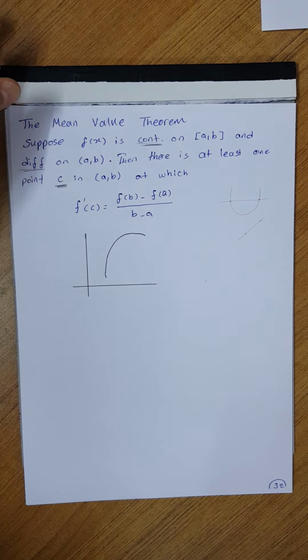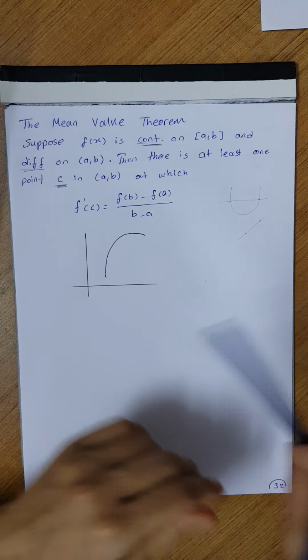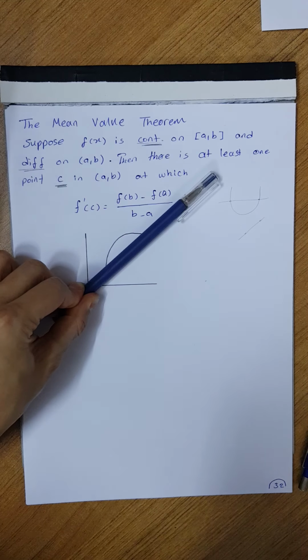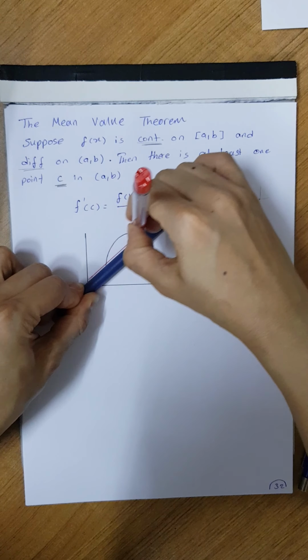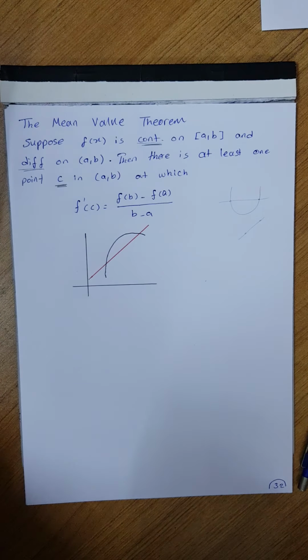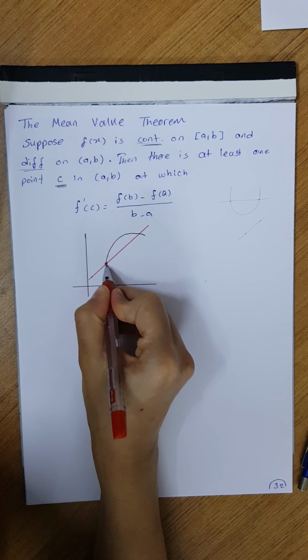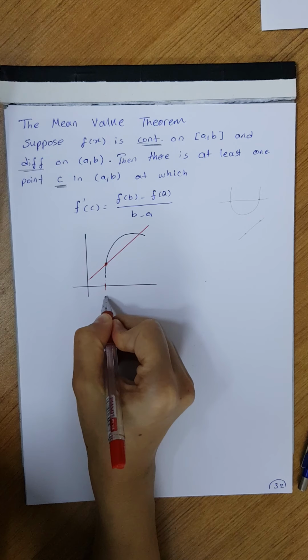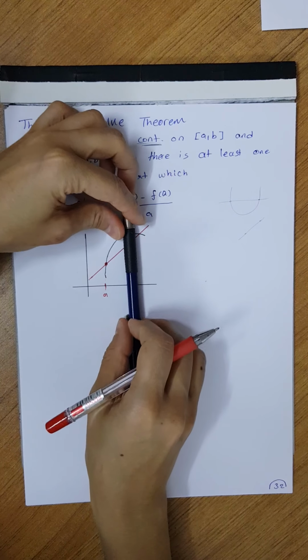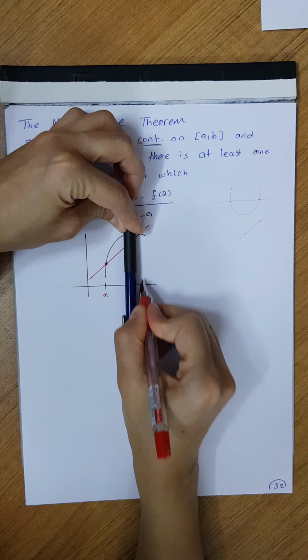Here I have to draw a slant line, from here to there, instead of the horizontal line in Rolle's theorem. Here is the point A, the closed interval that I have got, and that is the point B.